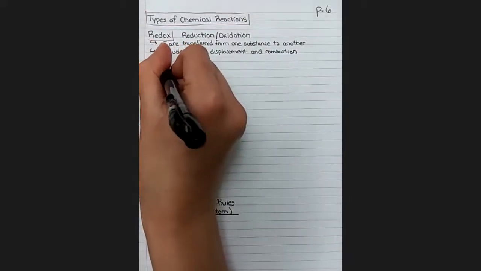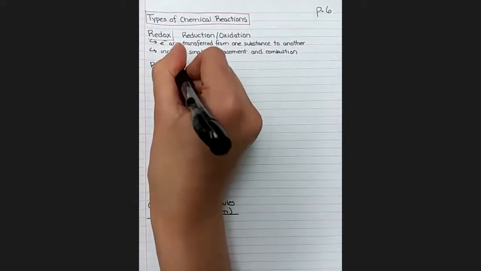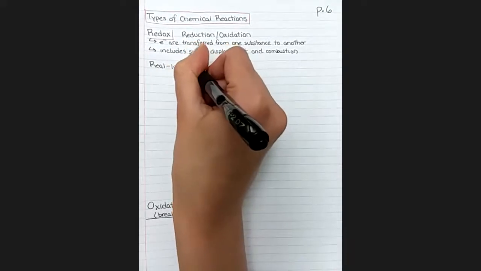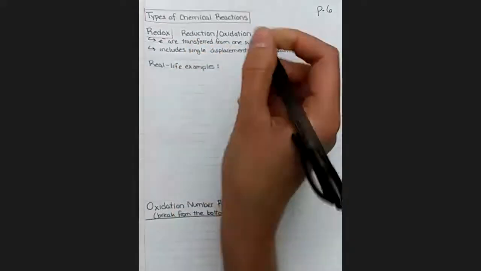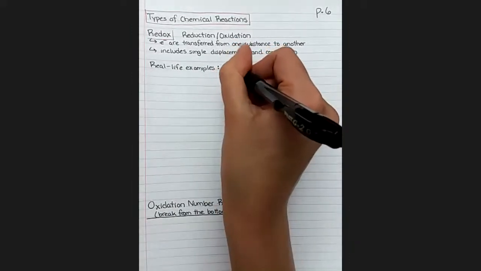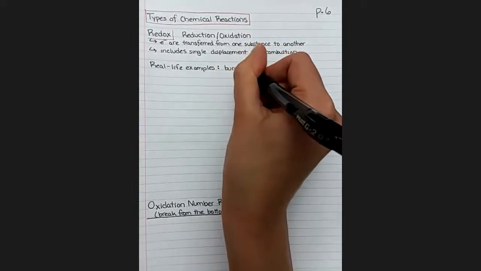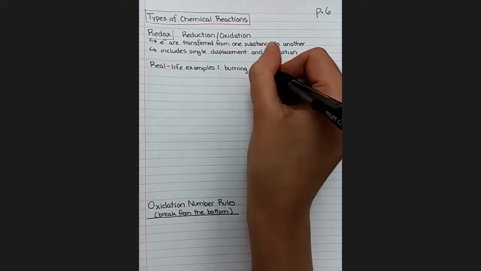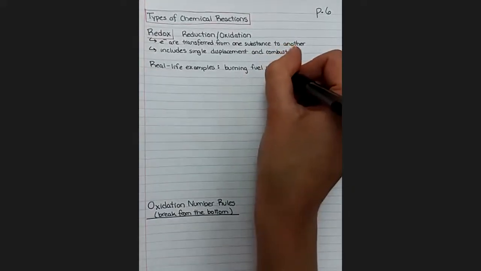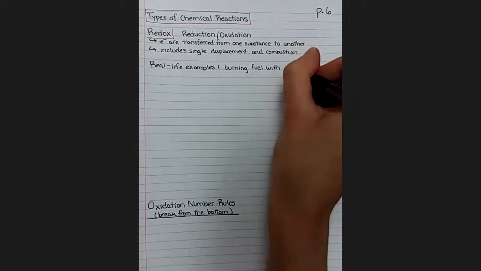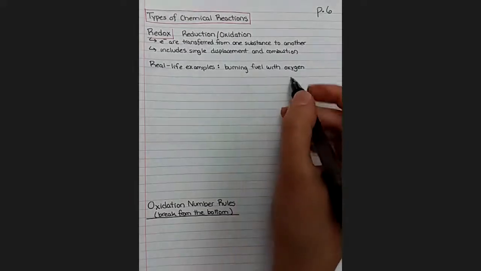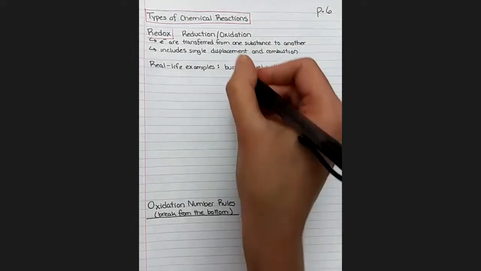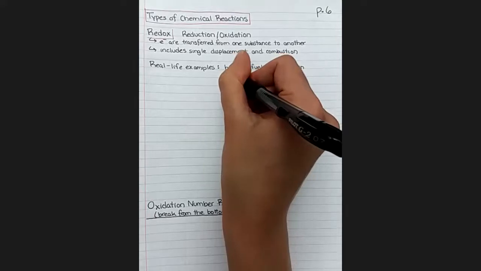So where have you seen redox reactions in your real life? You see them all over the place. Basically, anytime you see a reaction happening with oxygen, you are seeing a redox equation. So anytime you burn fuel with oxygen, whether that is a campfire, the gasoline in your car, or the lighter that you use to light a cigarette, any of those burning of fuel and oxygen are examples of reduction and oxidation.